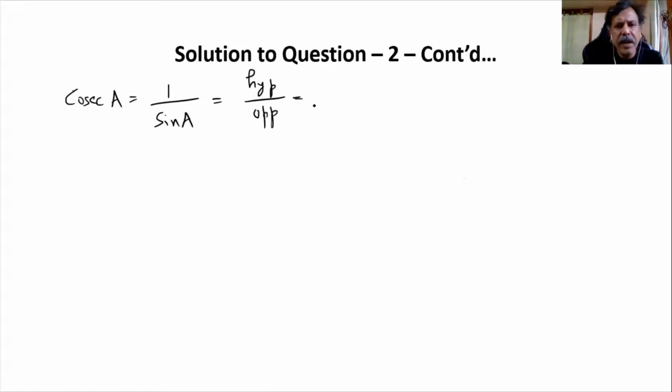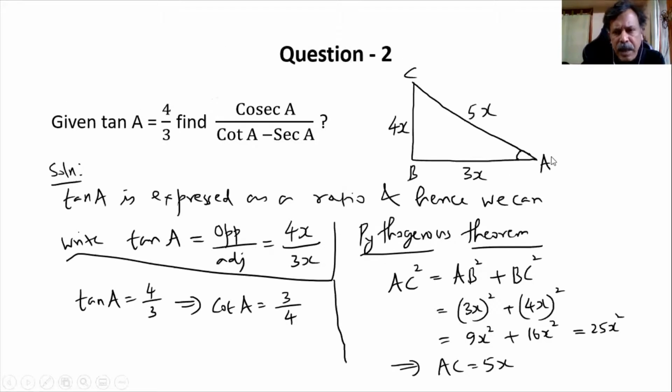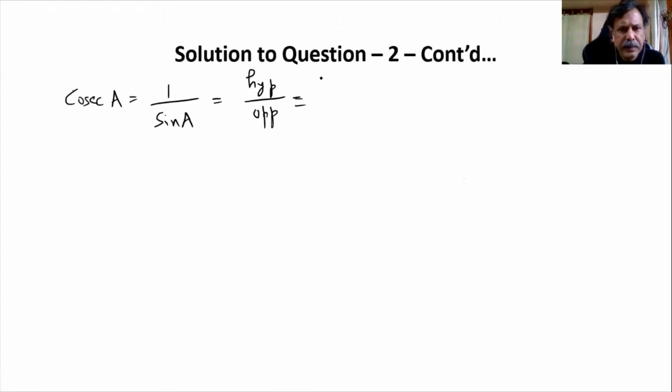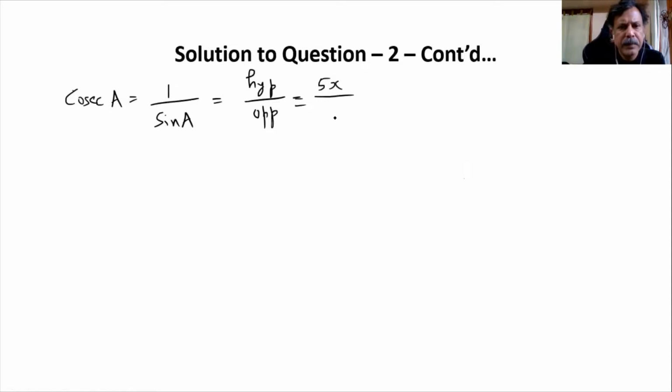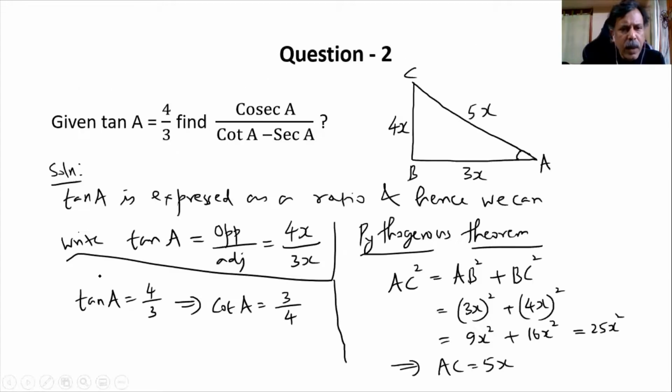Now let us identify what is the hypotenuse for the angle A. For the angle A, hypotenuse is 5x. And for angle A, opposite is 4x. So that means cosecant of A will be 5 by 4. Then what else we require?